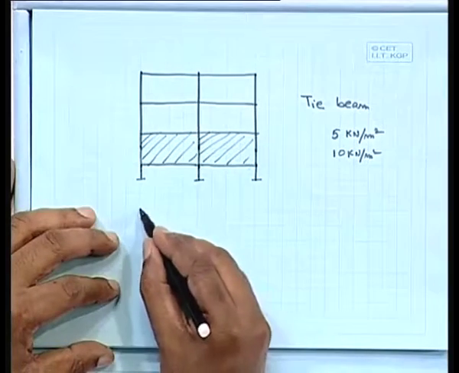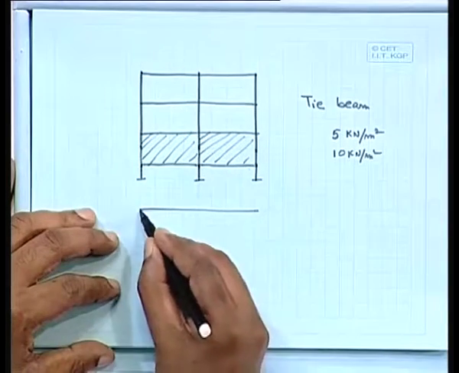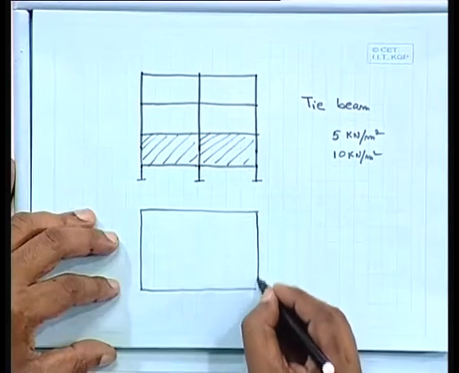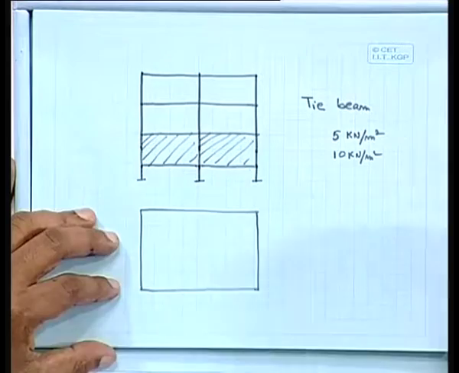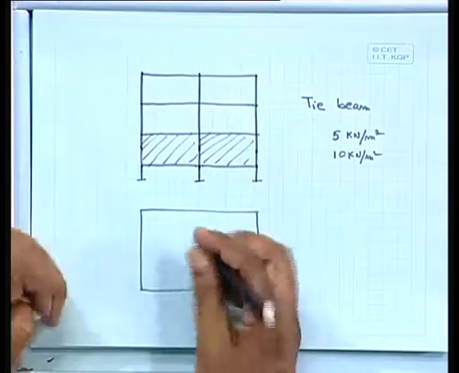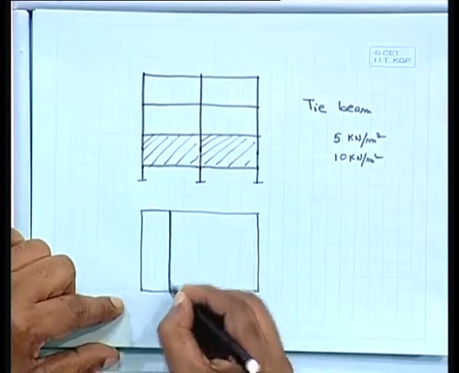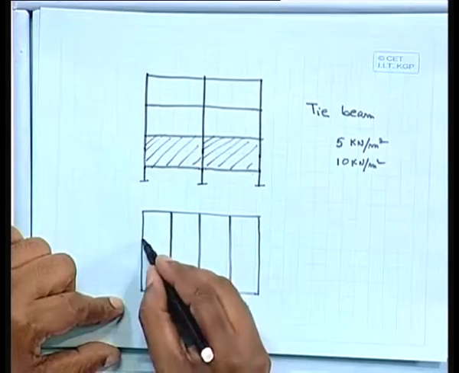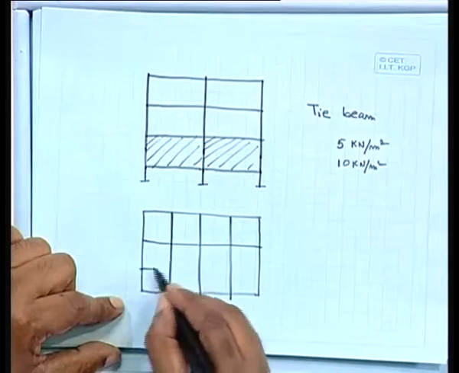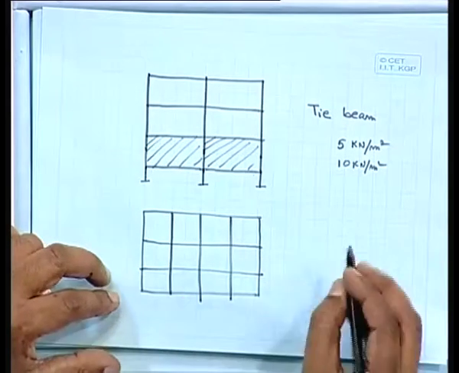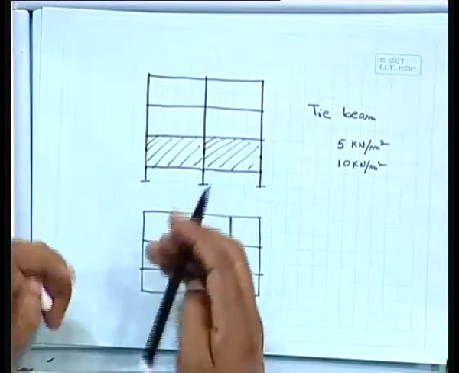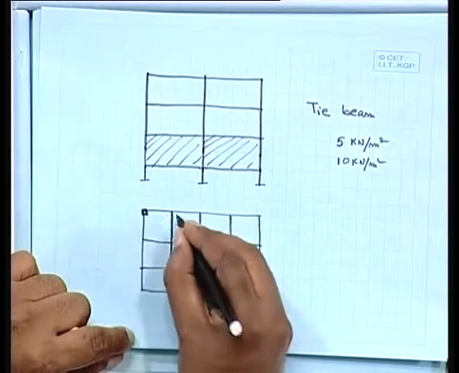So if you have a plan of a building, where we are having so many columns, and each of them has a different column position.